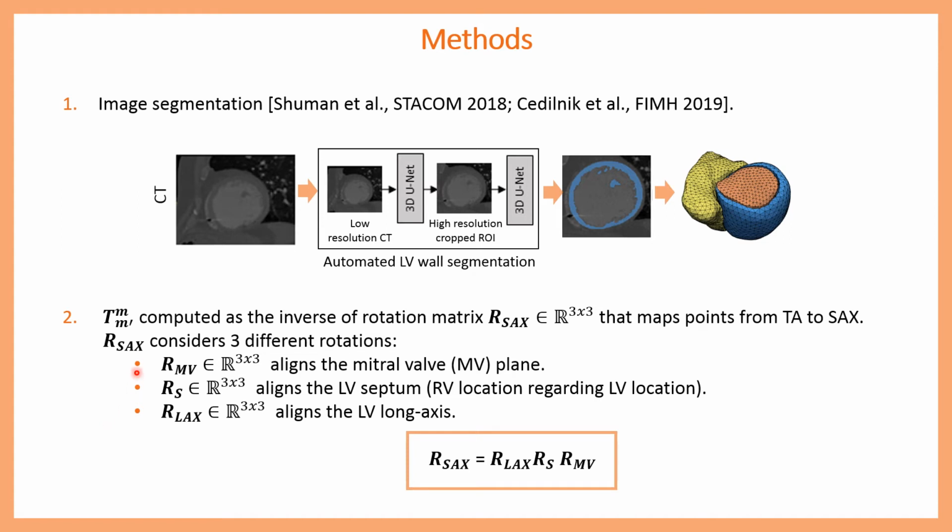R sub MV aligns the mitral valve plane, R sub S aligns the left ventricle septum, which is the relative position of the right ventricle with respect to the left ventricle, and R sub LAX aligns the left ventricle long axis. Finally, the rotation matrix R sub SAX is computed as the matrix multiplication of the three rotation matrices.